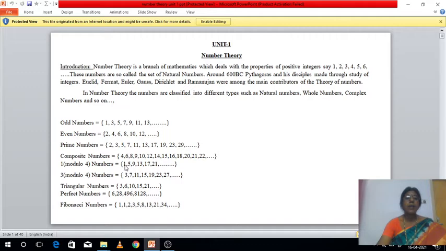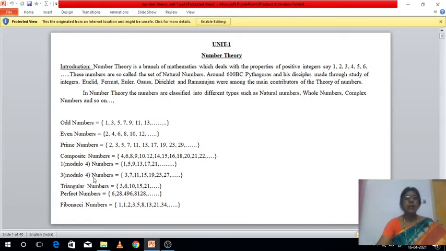Start with 1, add 4, then you get the next number 5. Then add 4, you get 9, then add 4, you get 13, then add 4, you get 17 and so on. So this is 1 modulo 4.